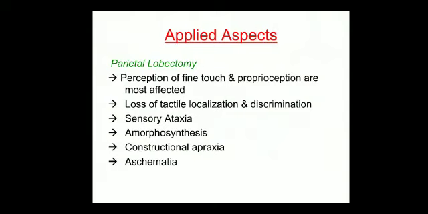Apraxia means inability to perform organized movement in the absence of paralysis. So constructional apraxia means inability to copy the designs or objects, and that will be present in the partial lobectomy. Amorphosynthesis I explained in the last class only.